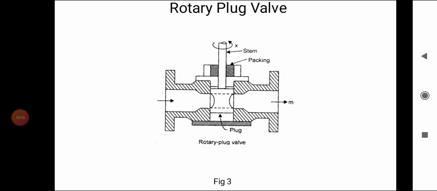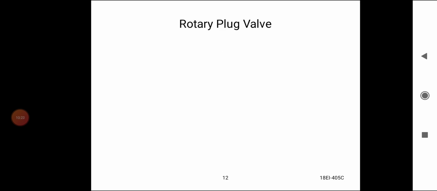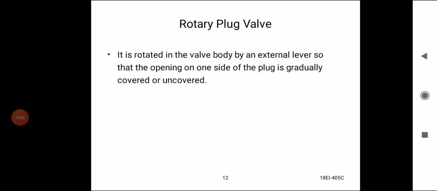It is used to vary the flow of fluid passing through the valve. It is rotated in the valve body by an external lever so that the opening on one side of the plug is gradually covered or uncovered.